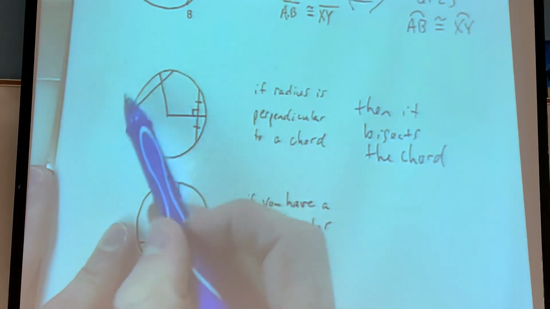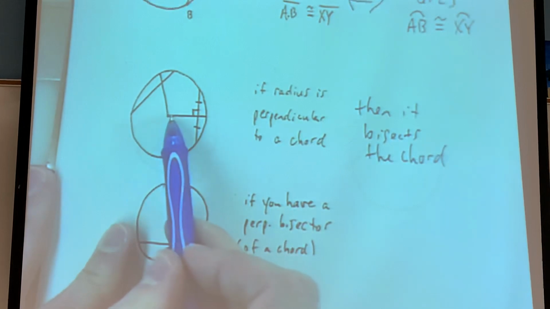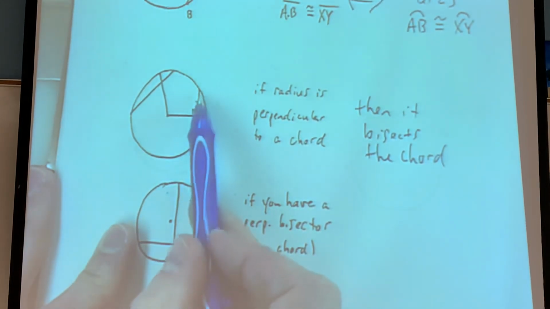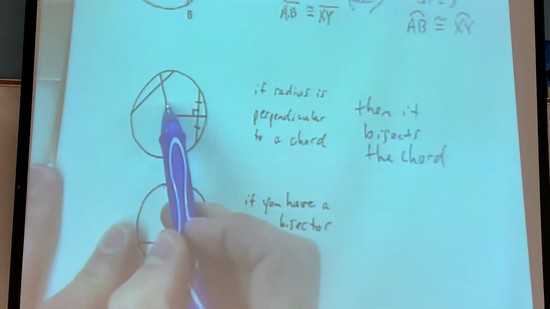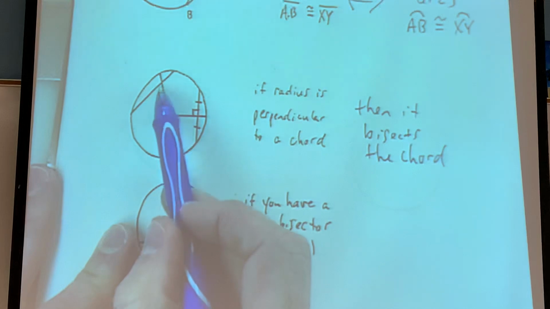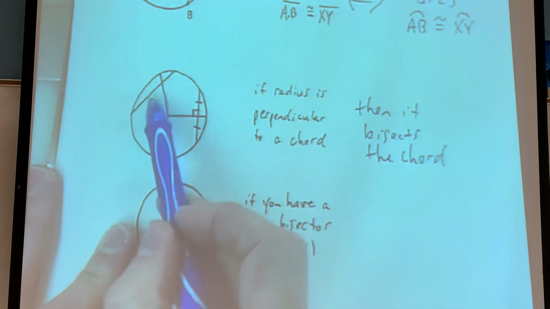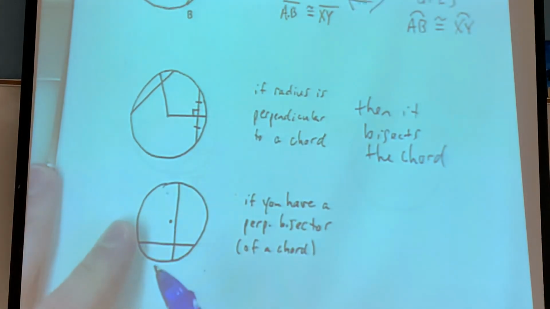So this is like a fail over here, I guess. So if the radius hits at 90, it's got to go through the center, it bisects it. If it doesn't hit at 90, obviously it does not create 2 congruent halves, it does not bisect, it does not go through the center of the chord. Alright?